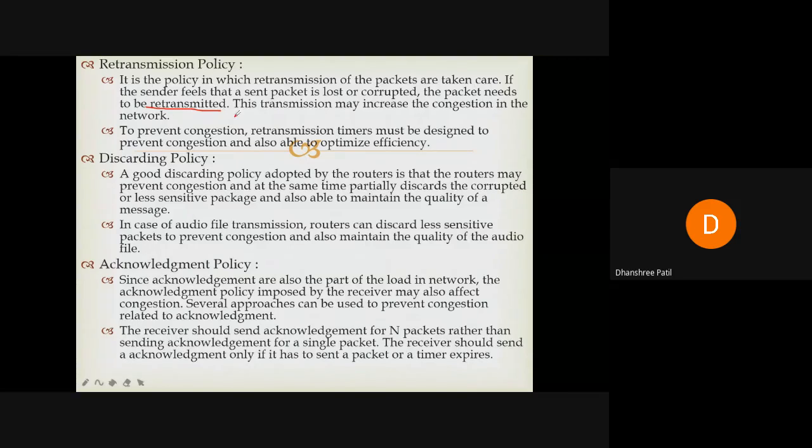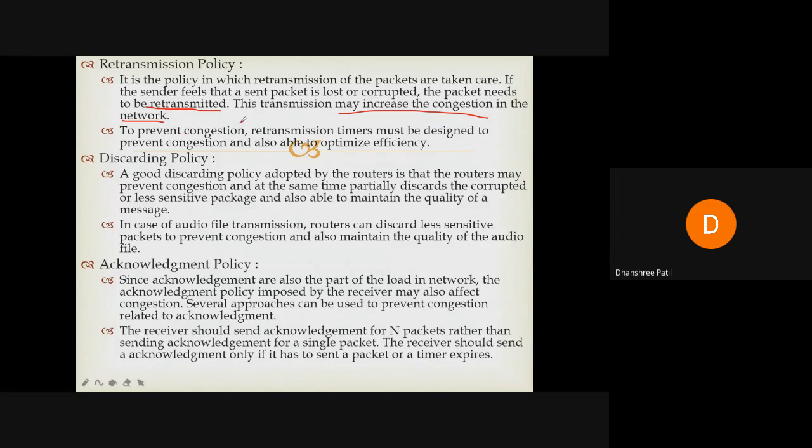So this we have seen in each and every strategy that जर सपोज पॅकेट जर लॉस झाला किंवा करप्ट झाला तर सेंडर ते पॅकेट रिट्रान्समिट करतो. But what will happen if, without knowing exactly whether this packet has reached or not, खरंच ते पॅकेट रीच झालंय किंवा टाइम लागणार आहे किंवा लॉस झालंय, exactly जर माहित नसेल, this retransmission may increase the congestion in the network again.